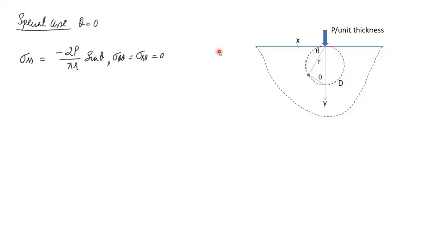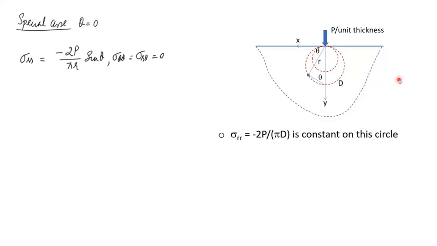That tells us that anywhere on this circle, r by sine theta is d, which is the diameter of this circle, and sigma rr is minus 2P upon pi d and remains constant on this circle.